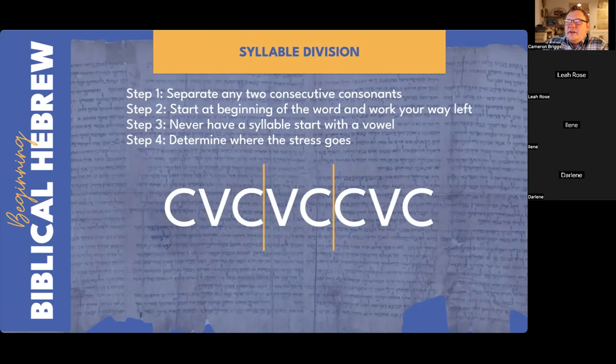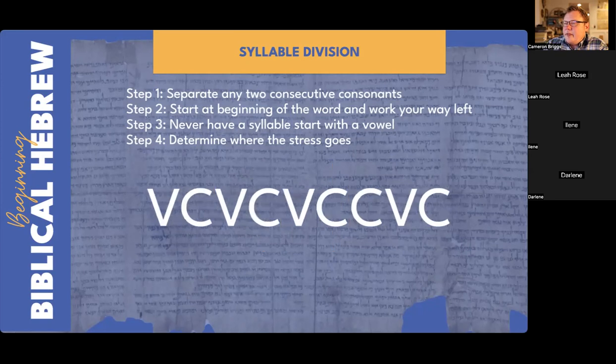So we're going to put our second one here. We wouldn't want to put it here in between this C and V, because that would make that last syllable start with a vowel, which is going to break one of the rules. So here's our syllable structure, and we determine the regular placement is to have the stress on the last syllable, unless otherwise noted.